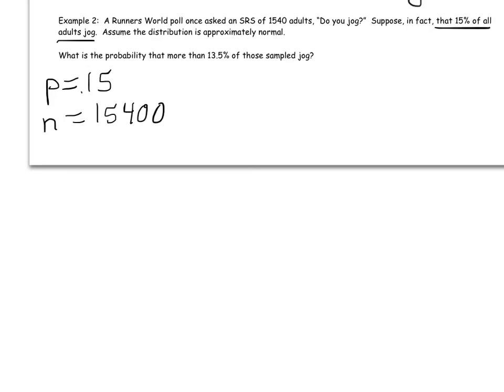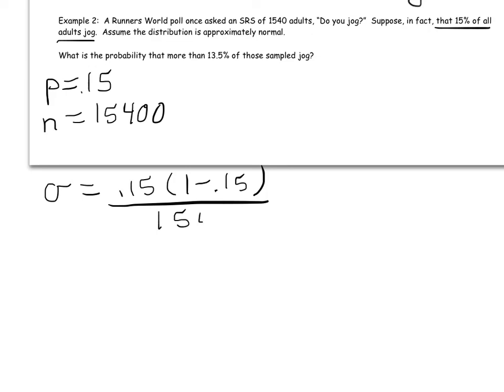So I'm going to find the standard deviation, which is the square root of p times 1 minus p, which is 0.85, over 1,540, and I just realized I got an extra 0 there. That gives me 0.009, so a little bit less than 1%.